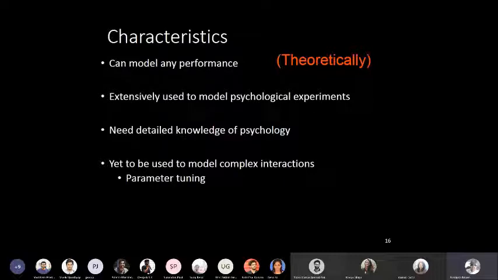But they need detailed knowledge of psychology when it requires tuning parameters. And also they are not very simple to use like the GOMS model. Say for example, using the GOMS model, you do not need a lot of engineering training. If you understand even the design of the user interface, you can break it up into a set of simple operators and sum up the total time and can have some sort of prediction with a certain degree of accuracy.